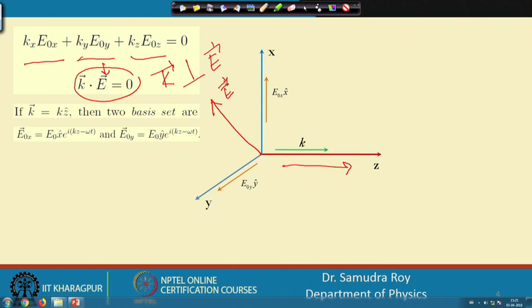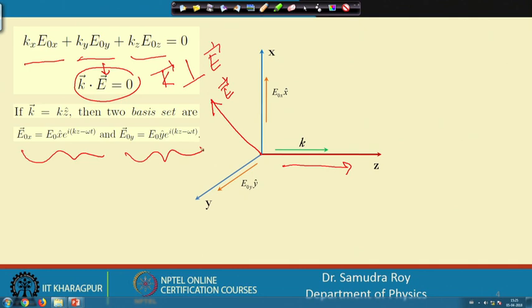If that is the case, then this E can be divided into two parts, one along the x direction and one along the y direction. Any E can be divided into two basis sets. So, these are the two basis sets which are perpendicular to k. These are essentially two polarizations, we call this two polarization state.